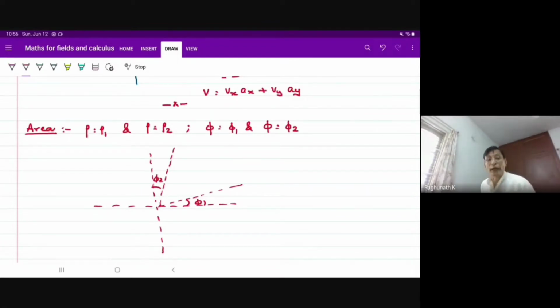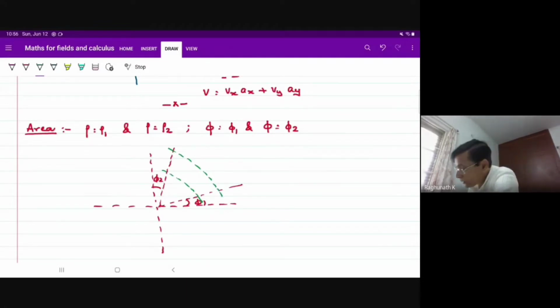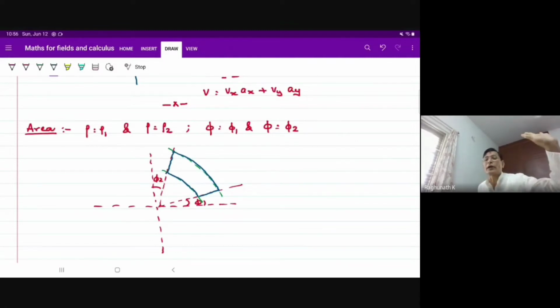Area in between these two lines, from rho equal to rho 1 to rho equal to rho 2. If you want to do this problem in the Cartesian coordinate system, I tell you it's very difficult. Don't attempt it, because it is not possible to do this problem in Cartesian coordinate systems.